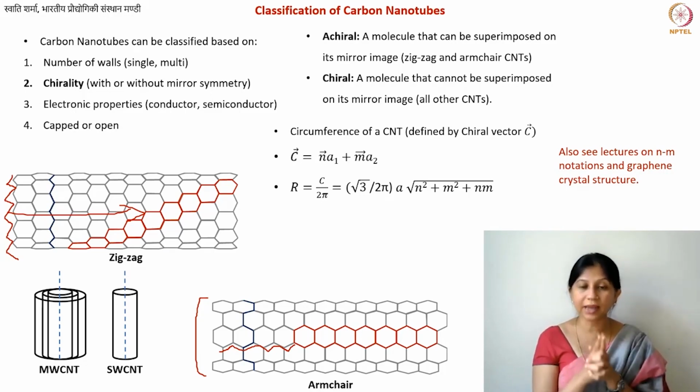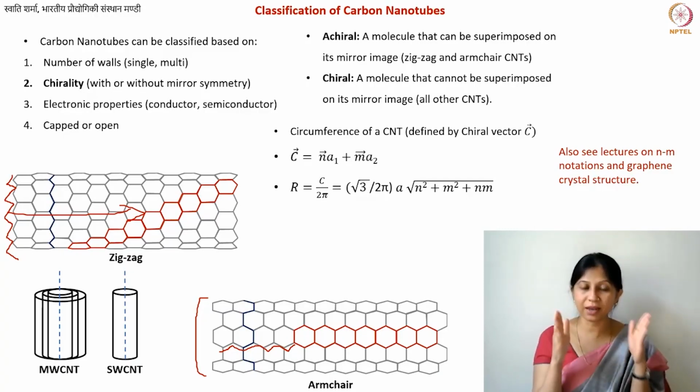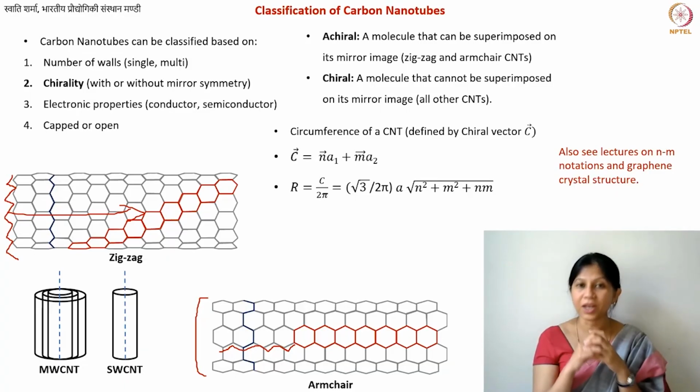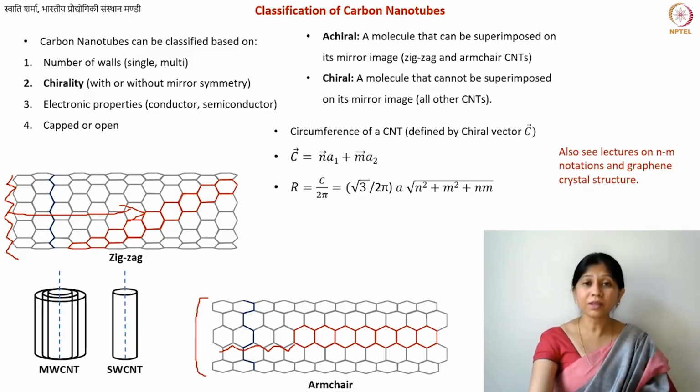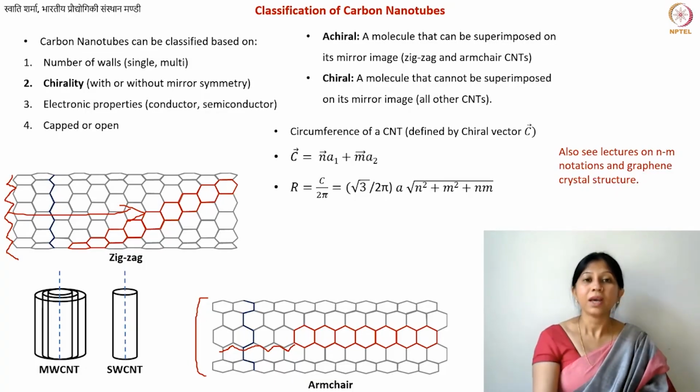The point is that N times A1 plus M times A2 will give you the chiral vector. This is how you represent your chiral or circumferential vector, NA1 plus MA2. Here I have put the vector marks. It should be also on A1. The second important relationship is how you calculate the diameter or radius of a carbon nanotube.